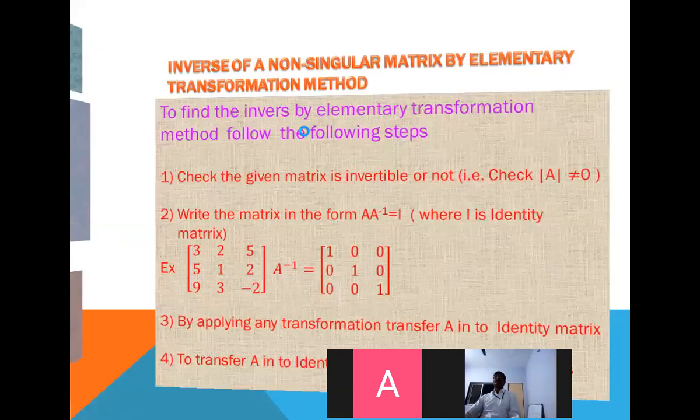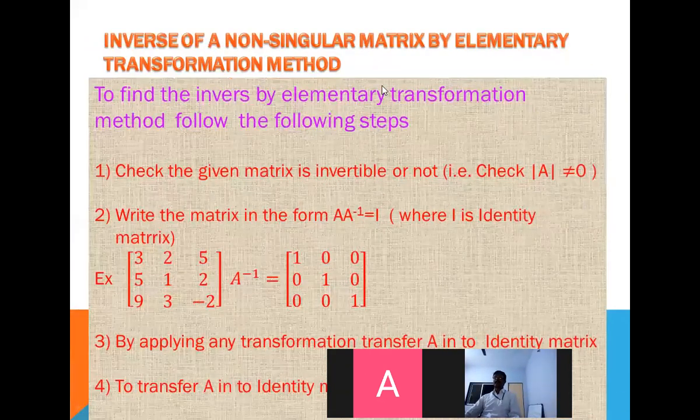Inverse of a non-singular matrix by the elementary transformation method. To find the inverse of a matrix by this transformation method, we have to follow some steps. The first step is to check whether the given matrix is invertible or not.